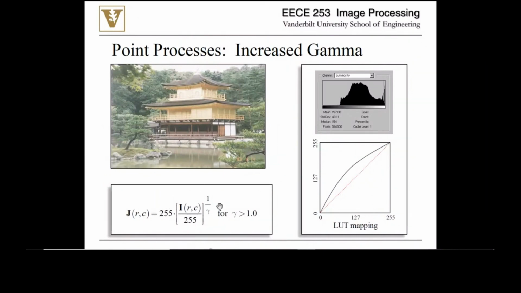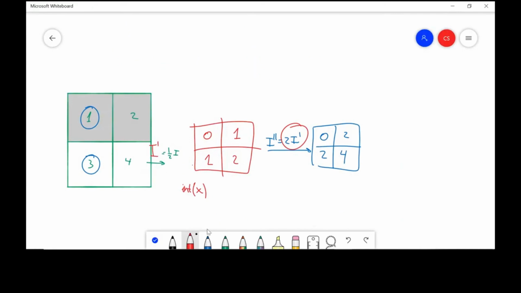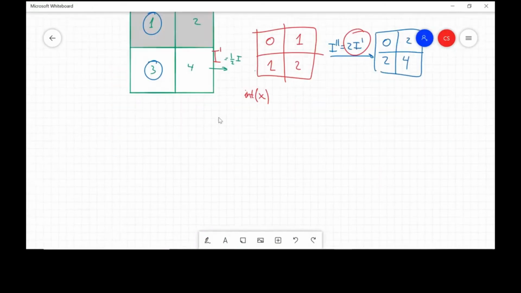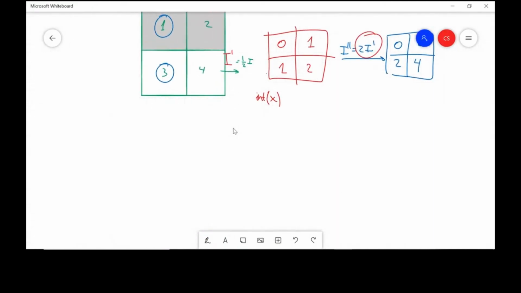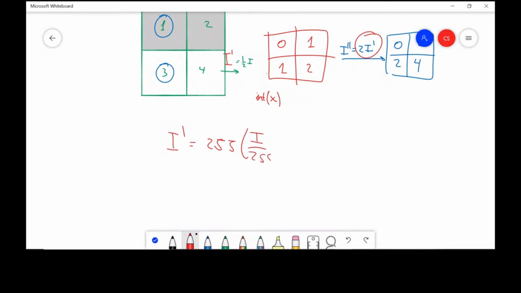Actually, if you think of this transformation in logarithmic terms, let's put it here. So let's move it up. So we have I prime or j in the slide. It was 255, and then I divided by 255 to the power 1 per gamma.